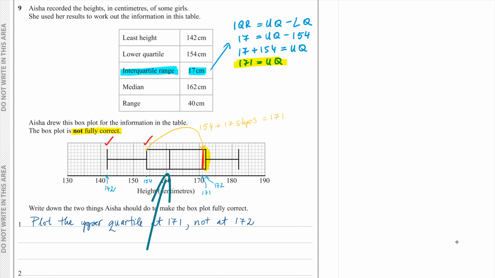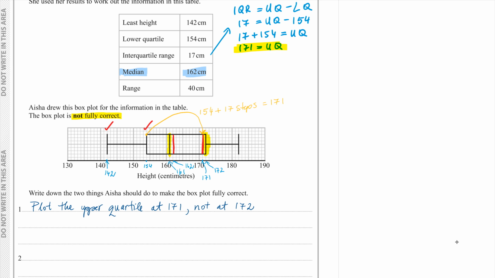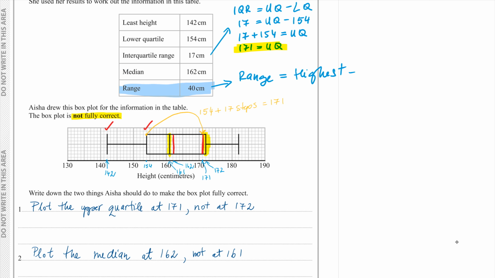The third section of the box plot represents the median. The median is 162, but it is drawn at 161. This is wrong. So the second thing that Aisha should do to make the box plot fully correct is plot the median at 162, not at 161. And finally, we can double check the range as well, highest minus lowest.